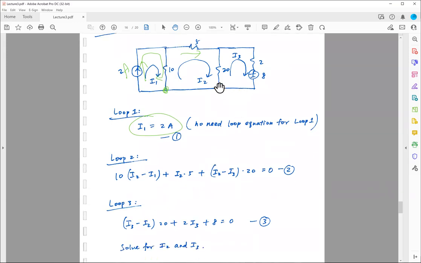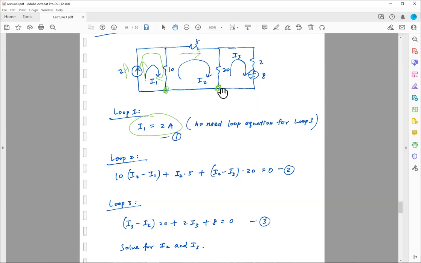Loop number 3. Let's repeat it one more time. I'm going to start from here. I3 minus I2, assuming I3 is more dominant than I2. So I3 is imposing.